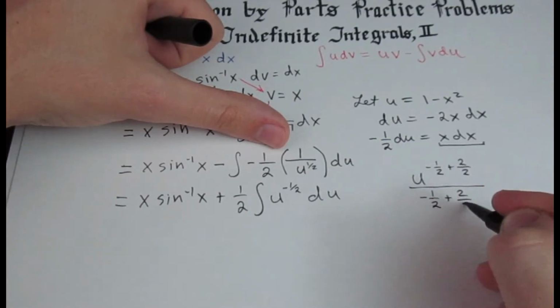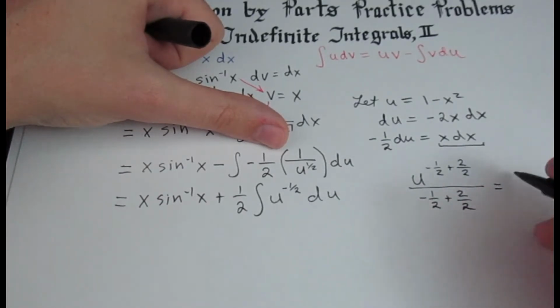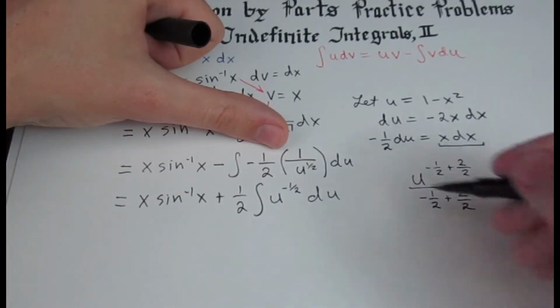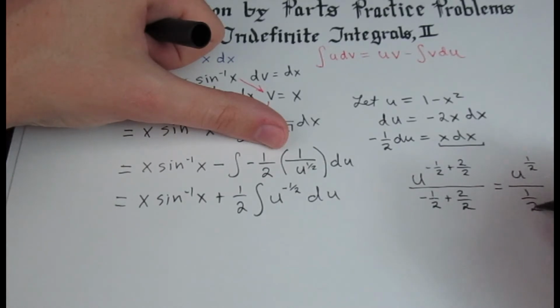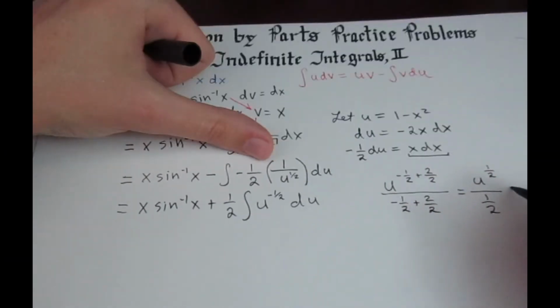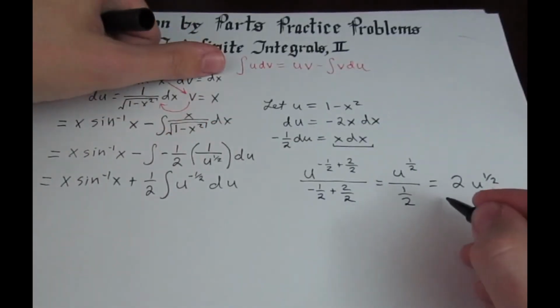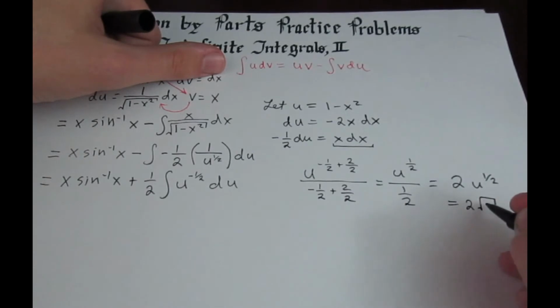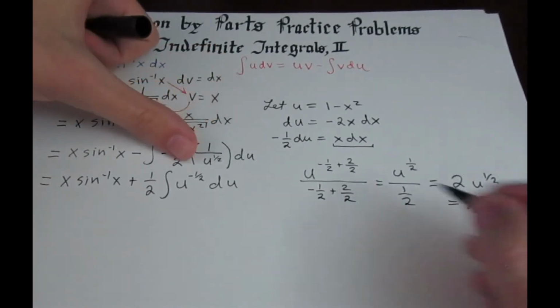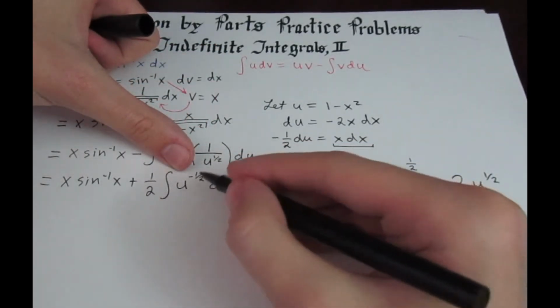Negative 1/2 plus 1 is 1/2, over 1/2, which you could just recognize as putting the 2 right here. That equals 2 radical u.